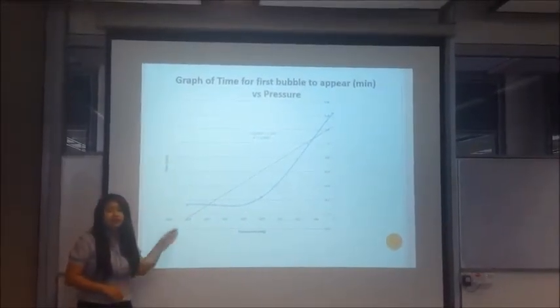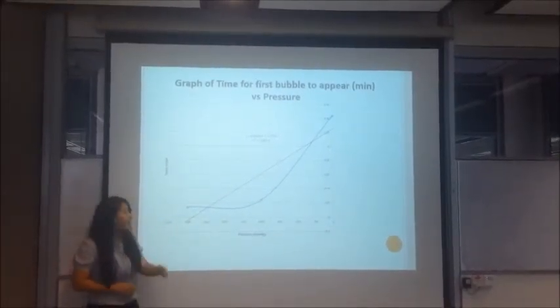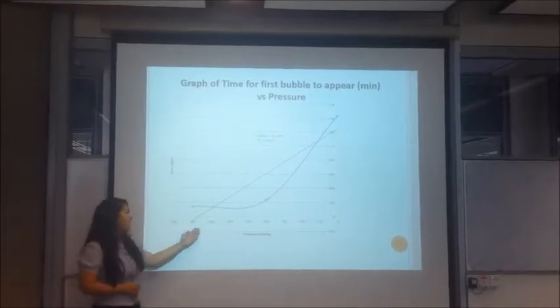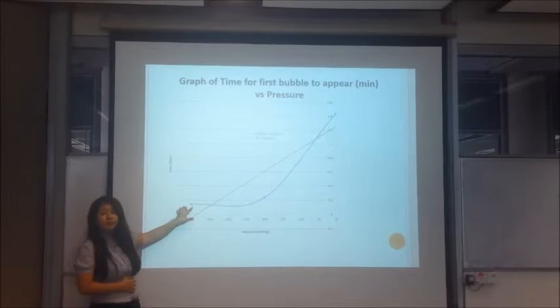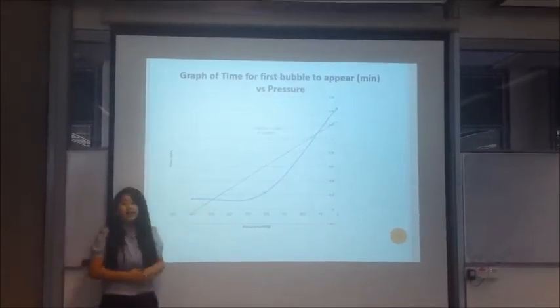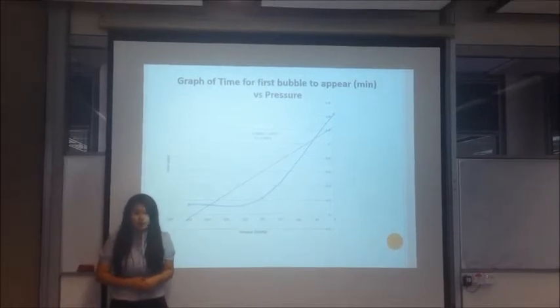As you can see, the graph we obtained looks like this. With this, we can observe that as the pressure goes higher, the time for the first bubble to appear is lower. And the time taken for the potassium permanganate to boil is faster also.